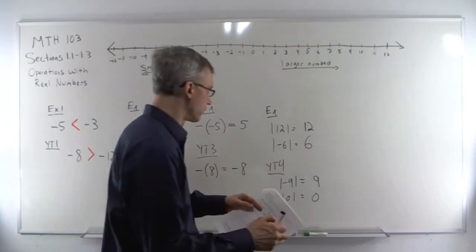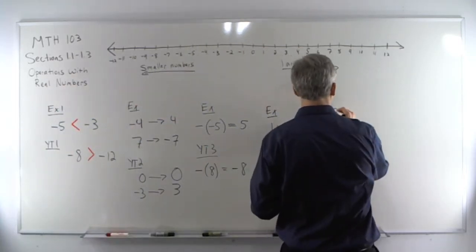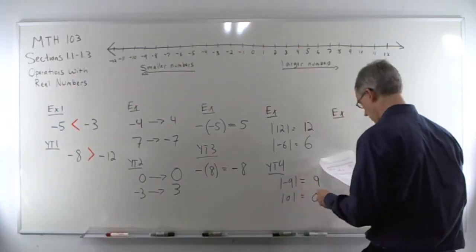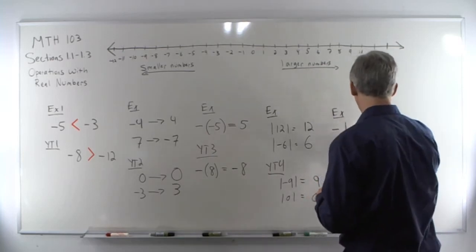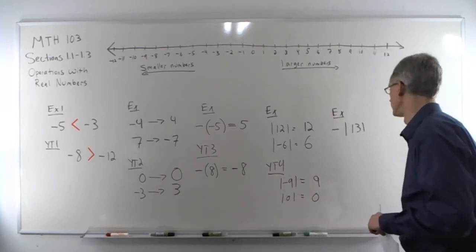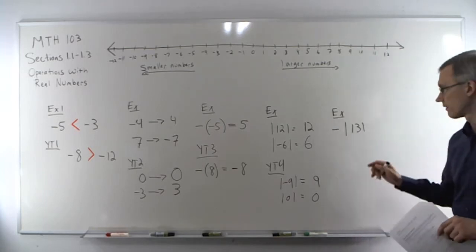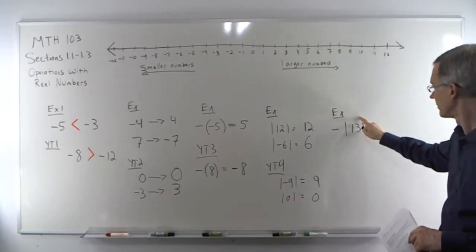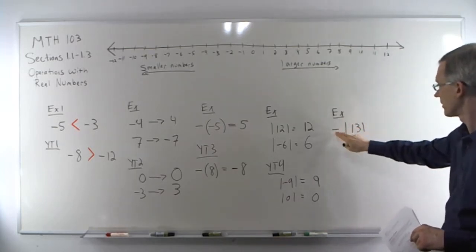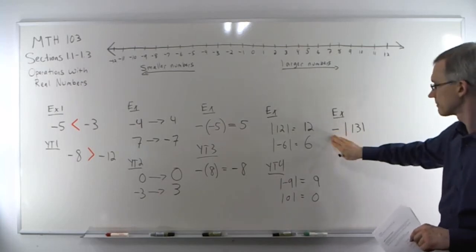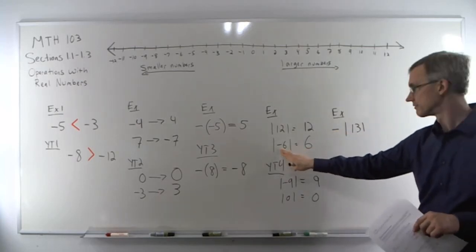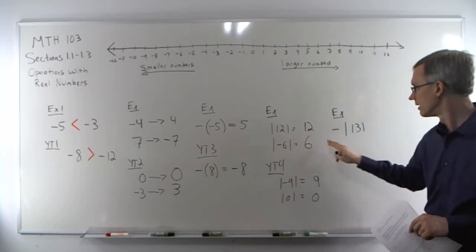So as an example, we got negative absolute value of 13. So order of operations tells us we're going to evaluate this thing first. Don't worry about the negative out here. This is outside of the absolute value. A very different situation here than here.